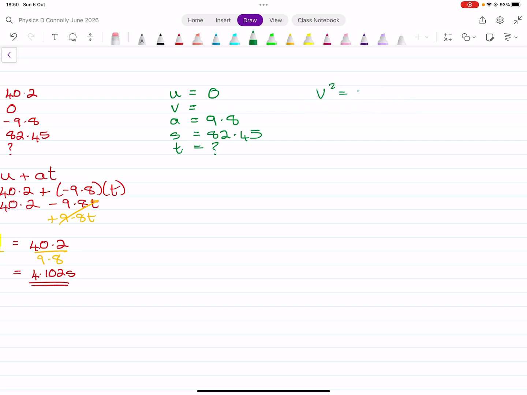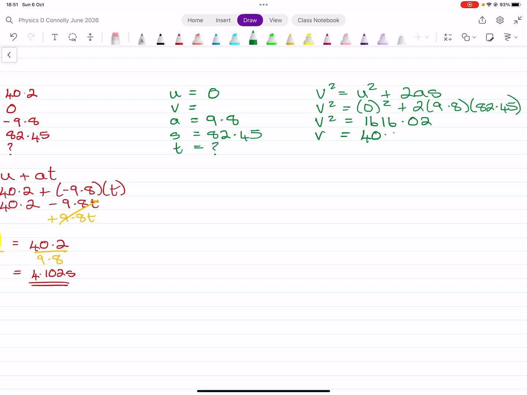v squared is u squared plus 2as. So v squared is 0 squared plus 2 by 9.8 by 82.45. Typing into my calculator, v squared is 1616.02, and then if I square root both sides, I get 40.2.